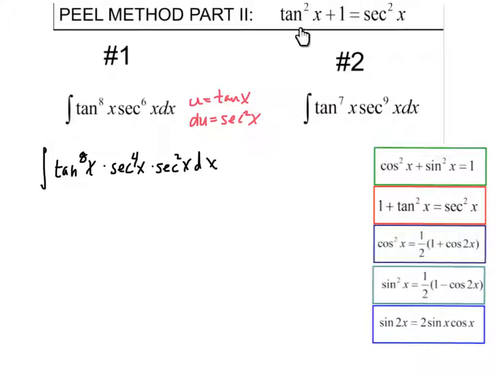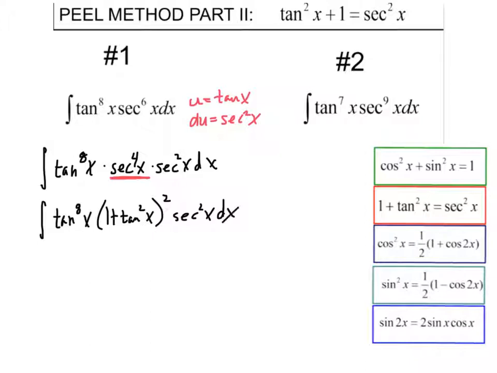I'm going to say, well, tangent squared plus 1 is secant squared, so I should be able to rewrite this as tangent squared plus 1 squared. So tangent to the eighth, 1 plus tangent squared times secant squared. And now I can use this substitution right in here.